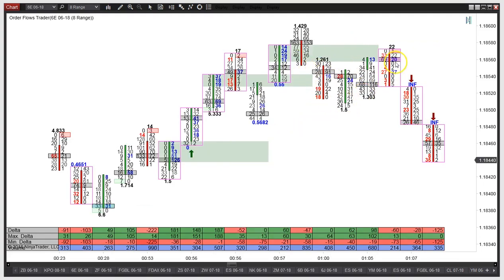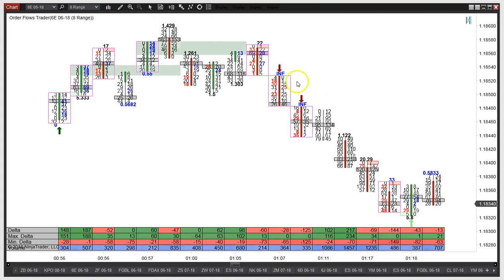And then again, this is stuff that, if people don't know what to look for, that's why I like to highlight it. So here you got the multiple selling imbalances. Here you got signs of a sweep, okay? And you see how the market reacts to that. That's why I created this software, to make the order flow analysis easier for people, because I could sit there and tell people, okay, look for this, look for that on the order flow.